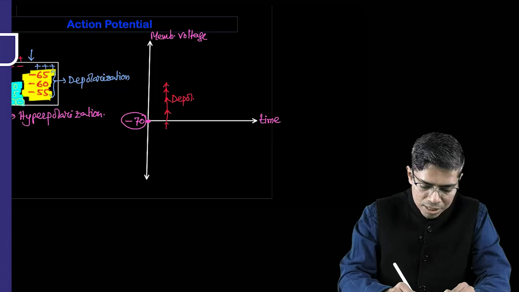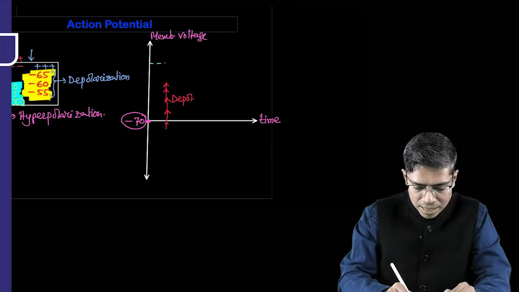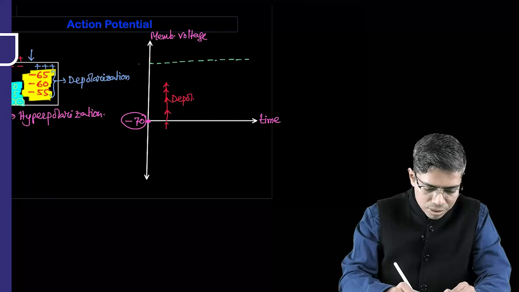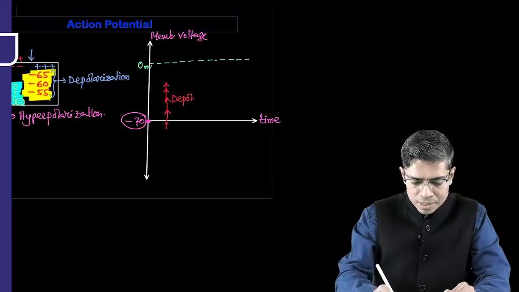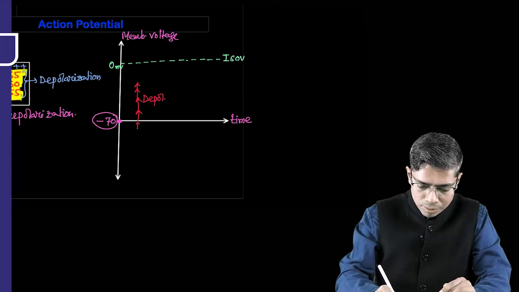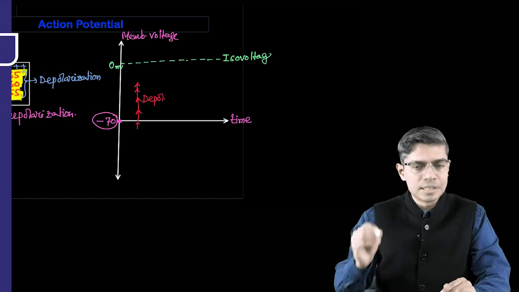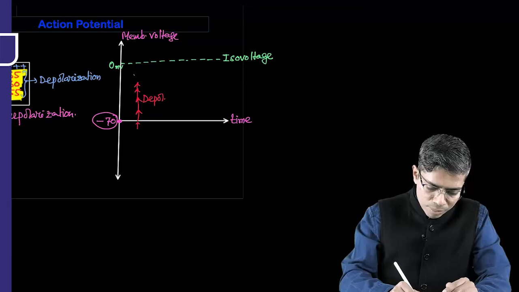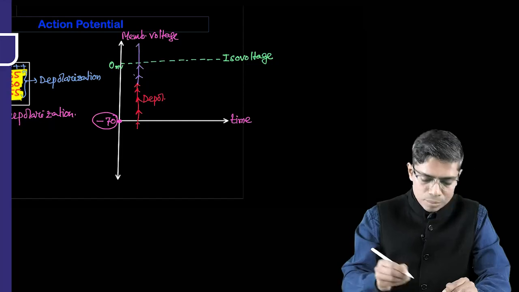Now suppose the depolarization is moving more and more, and then it crosses this 0 millivolt, 0 voltage. 0 voltage is also known as ISO voltage. So depolarization is becoming stronger and is going above the 0 millivolt.